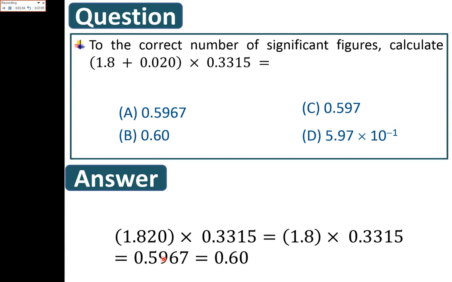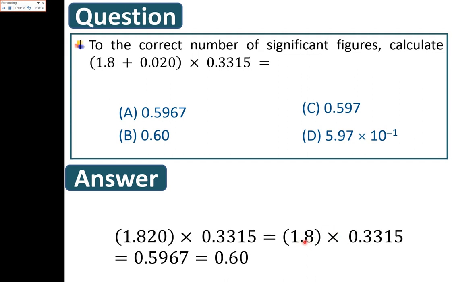Now we should look at the rules for the operation of addition. We have a single decimal place for this number, but here we have 3 decimal places. So the answer should contain only a single decimal place. So even if this is the answer that you have seen in the calculator, you should round it off to 1.8. Then we multiply this number with this number.